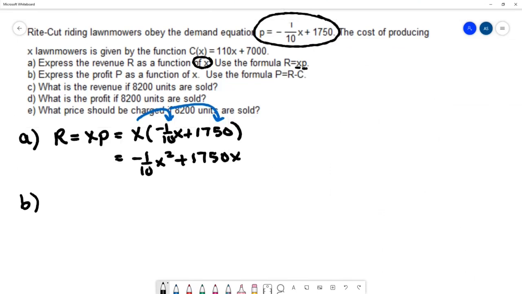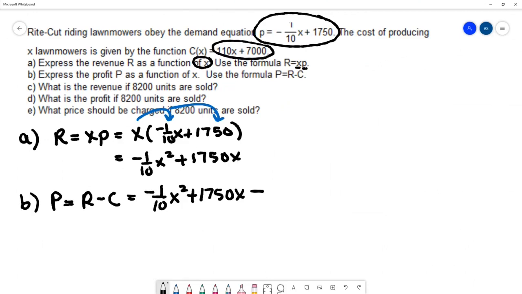From there, I can find the profit equation. Profit is revenue minus cost. We just found the revenue in part A, so we'll use negative 1/10 x squared plus 1,750x. And we want to subtract the cost. The cost was given right here.